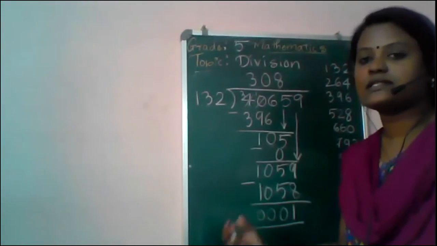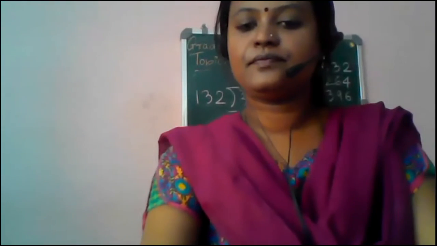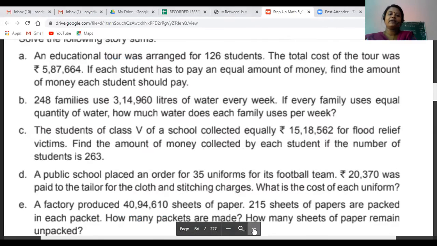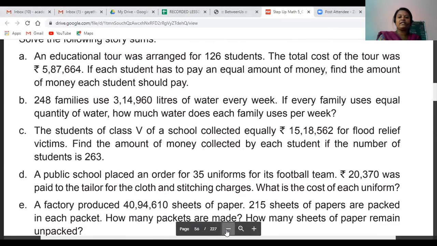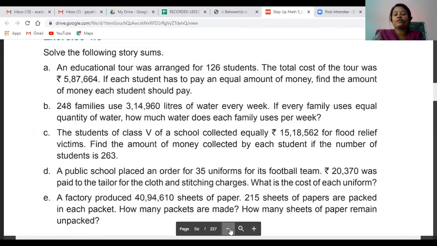Now, in the similar way, let us solve more questions. Here is one word problem, that is the first question. An educational tour was arranged for 126 students. The total cost of the tour is rupees 5,87,664.